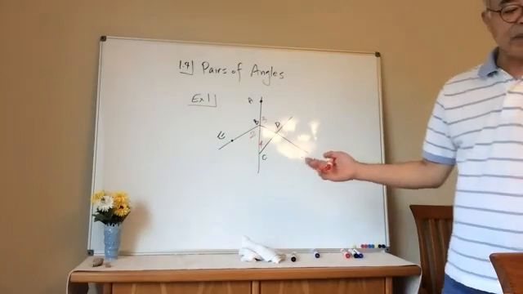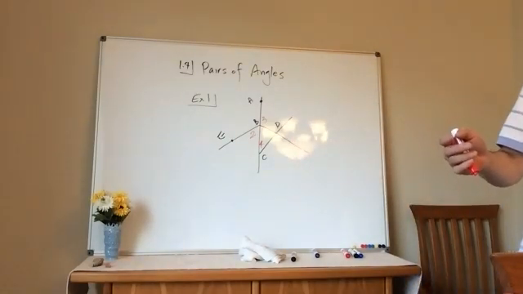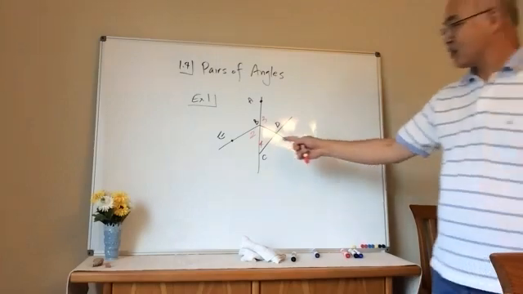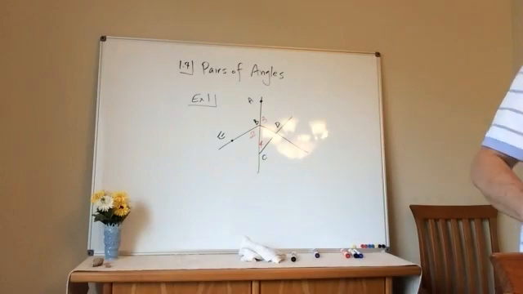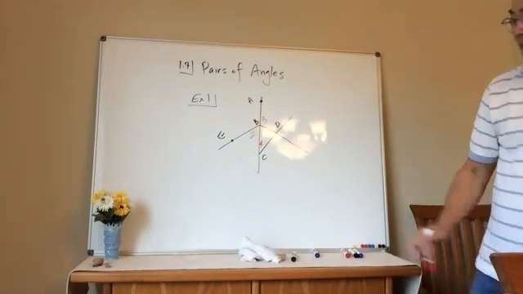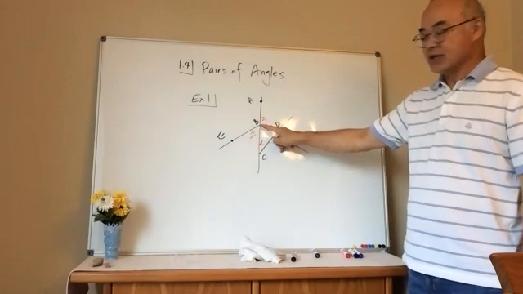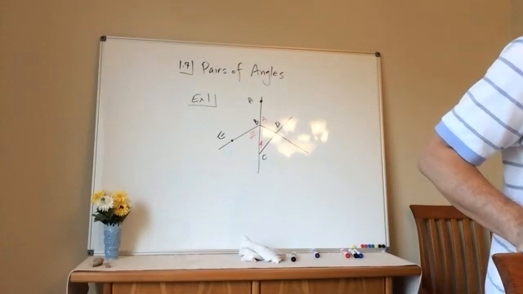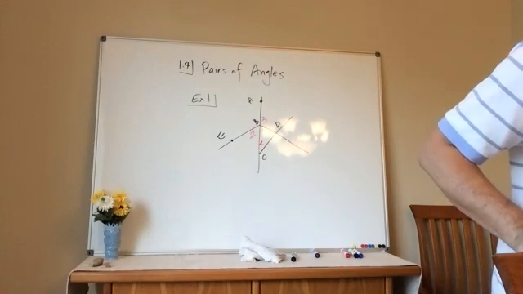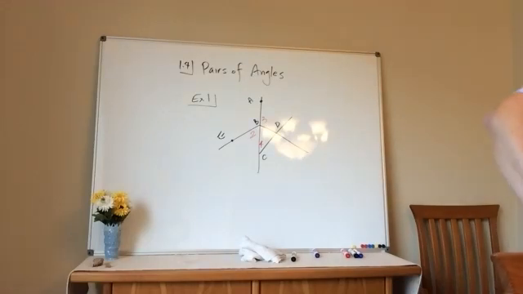What is not happening? They are sharing a side, but they're not sharing the vertex. They have to have the same vertex, because the vertex over here is C, and the vertex over here is B. So you see the difference there? So they're not adjacent.